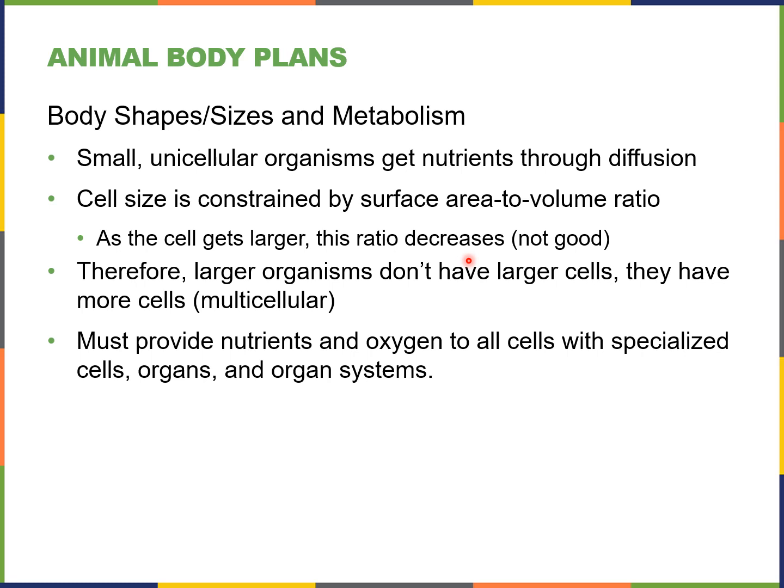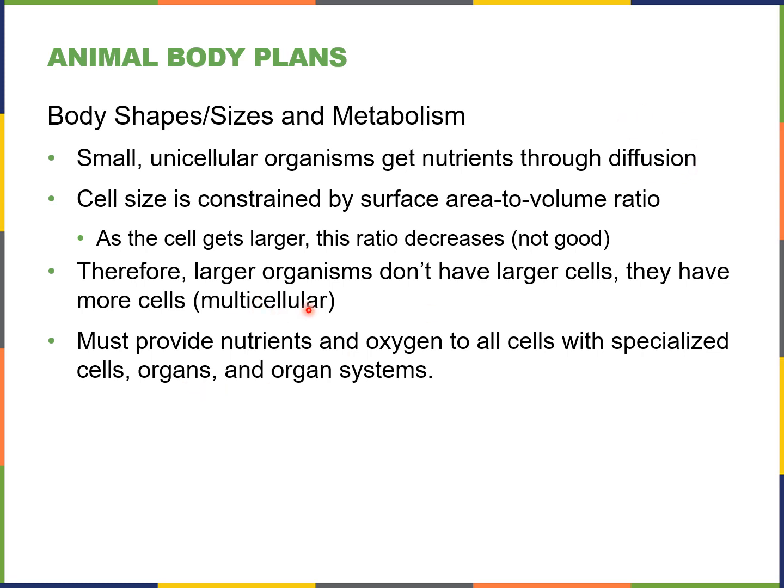So as you get larger, you don't just get larger cells, you actually have more cells and you become multicellular. So our unicellular organisms are the ones that are smaller, less complex, and they're the ones who don't have to actively eat different things to get in nutrients. It's usually just through some simple process like diffusion.